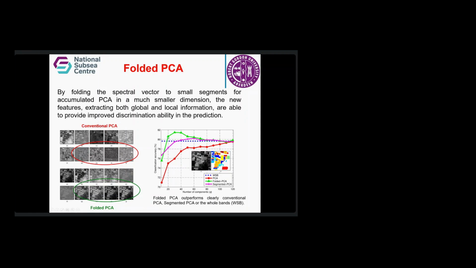If we got 20 components, it can outperform the raw data using all the bands. Then 30, 40, 50, it all becomes much more effective because the noise has been reduced. That's why it gives much better performance, even with a much reduced number of components.